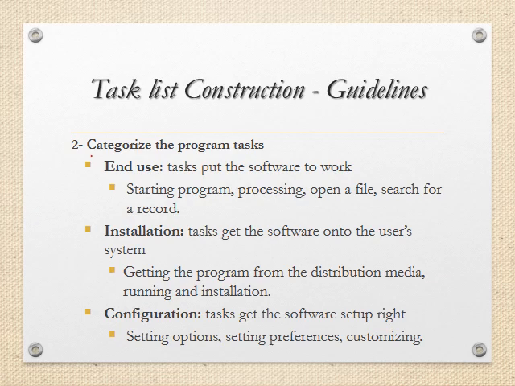Second guideline, categorize the program tasks. We have to put the tasks in groups. For example, we can use the end-use tasks, tasks that put the software to work. These are the kind of tasks that the end user uses in general, like starting a program, processing, opening a file, searching for a record.